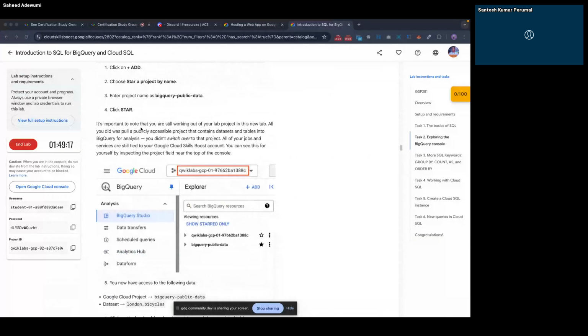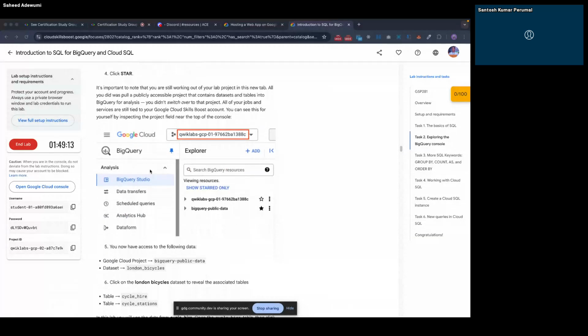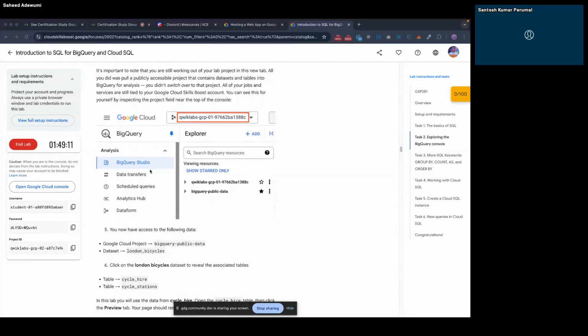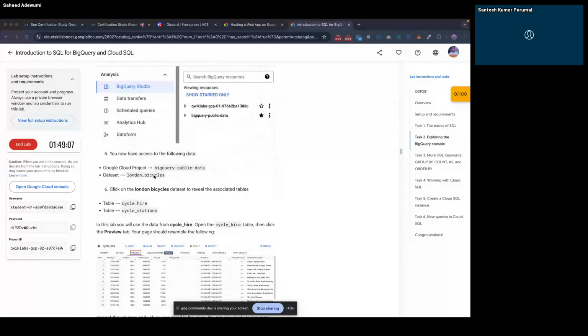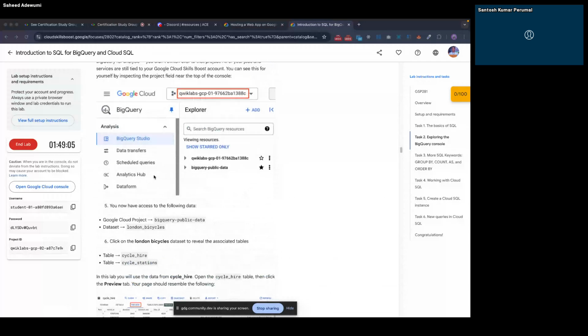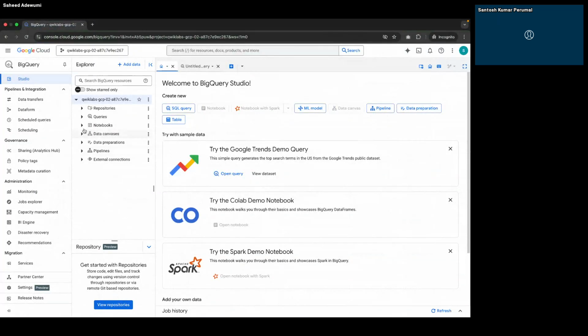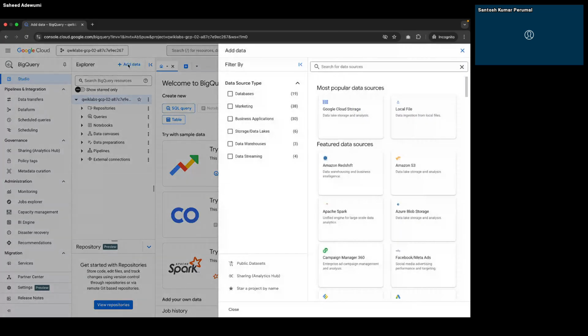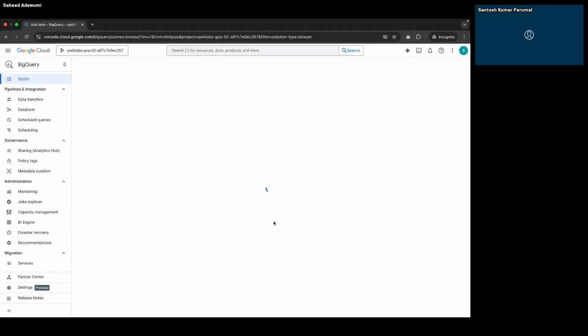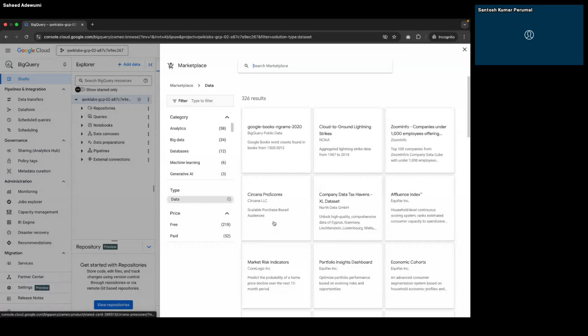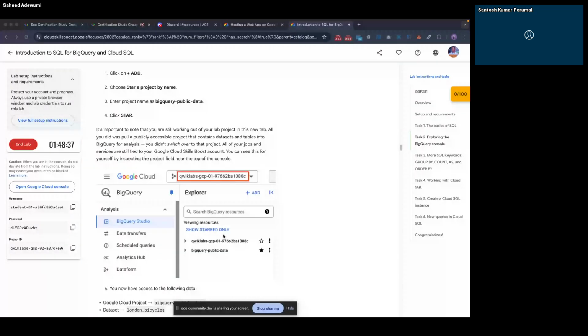I want to try to get data here for public BigQuery. Public datasets: Google has some datasets available that we can use for our project.